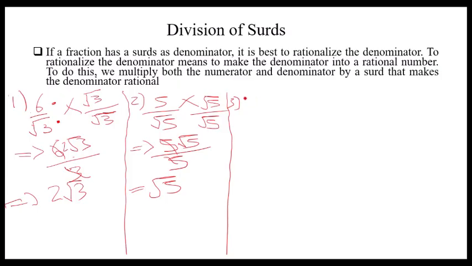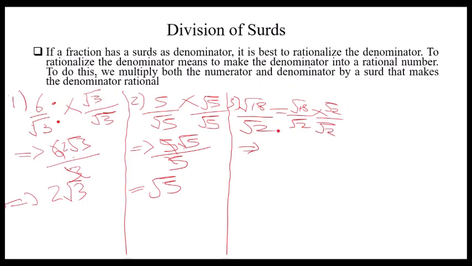Let's take one more. Root 18 over root 2. The goal is to make the denominator rational. So this becomes root 18 over root 2, times root 2 over root 2, right?